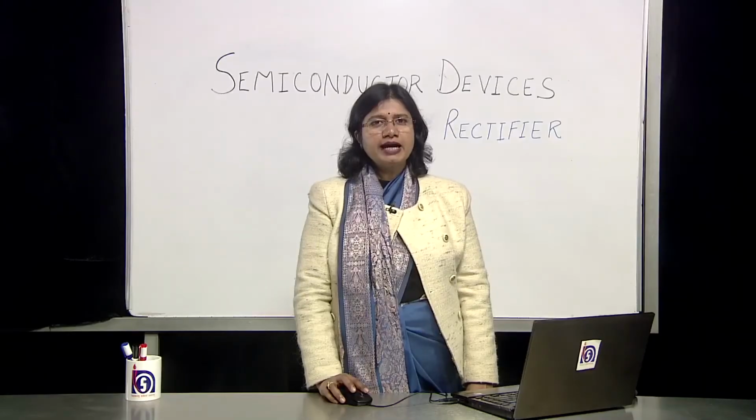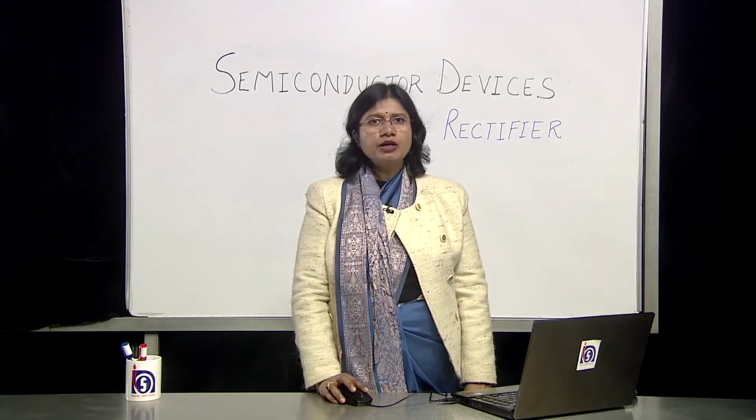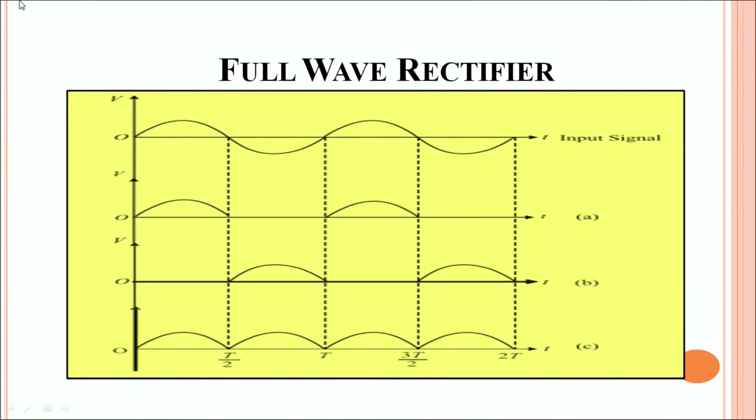Let's have a look at the output of a full wave rectifier. For a full wave rectifier, this is the input signal. So when we look at the input signal, we realize that we have a continuous positive cycle followed by a negative cycle and so on.